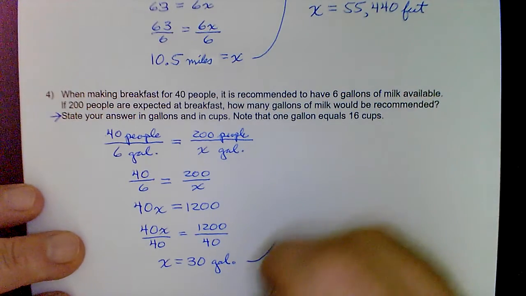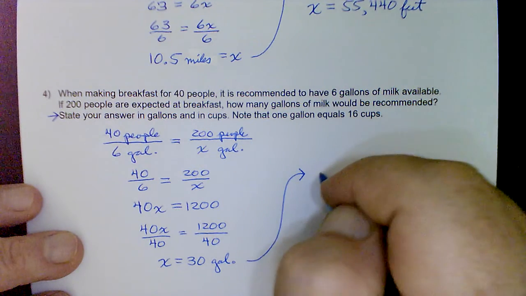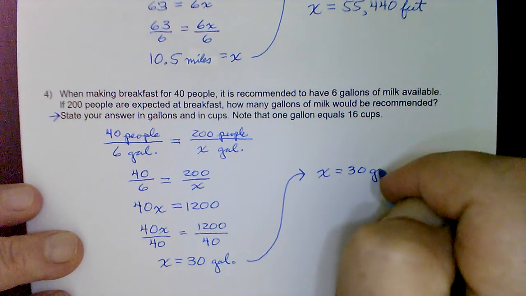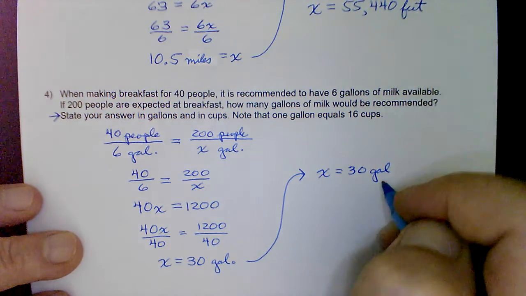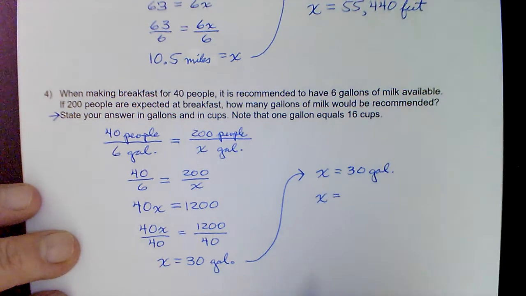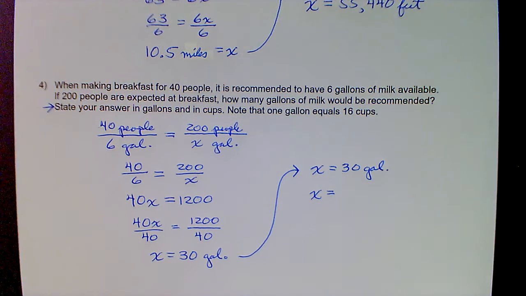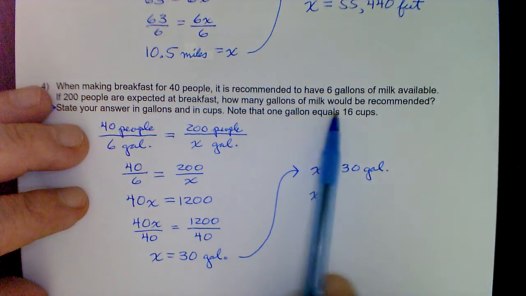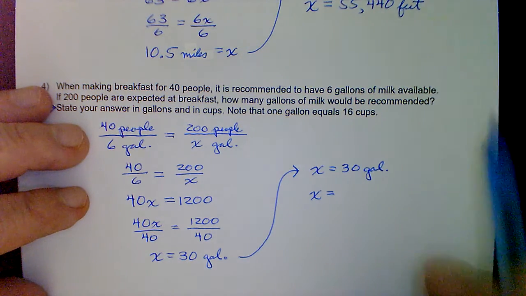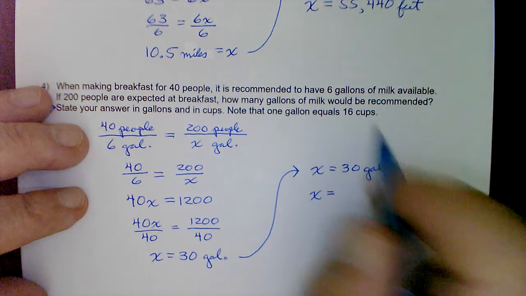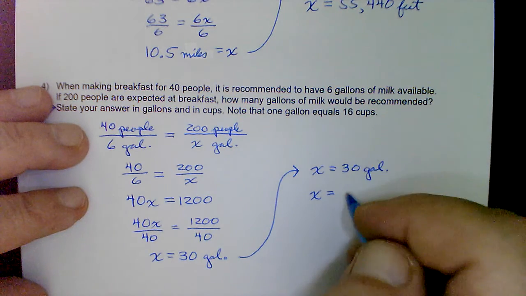Now for the conversion, again, it's just a replacement. I'm going to rewrite 30 gallons, and it's just a substitution, replacement, whatever you want to call it. It tells us that 1 gallon equals 16 cups. So this 1 gallon can be replaced by 16 cups.